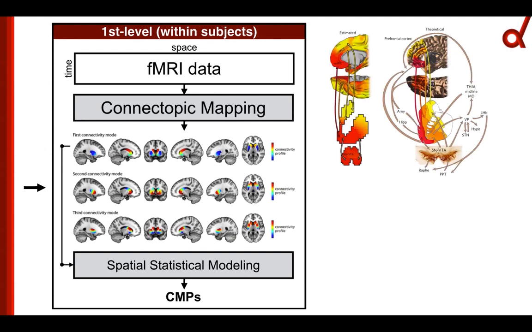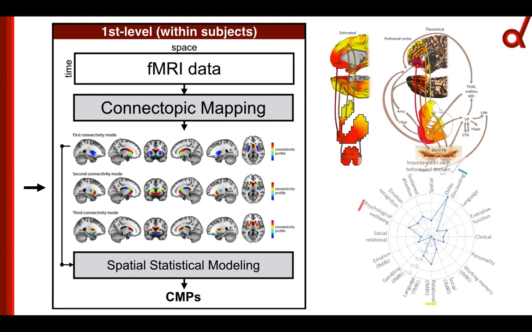And when we employed spatial statistical modeling to summarize this gradient in terms of 9 model parameters, that is a cubic model in 3 spatial dimensions, and submitted these parameters to a canonical correlation analysis, or CCA, we found that individual variations in the rostrocaudal connectivity gradient are related to individual variations in goal-directed behavior, such as delay discounting.